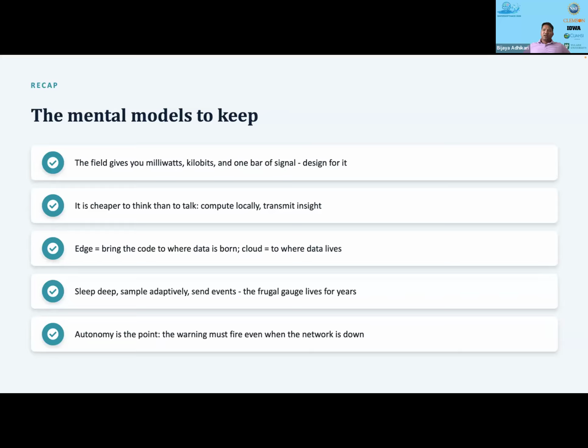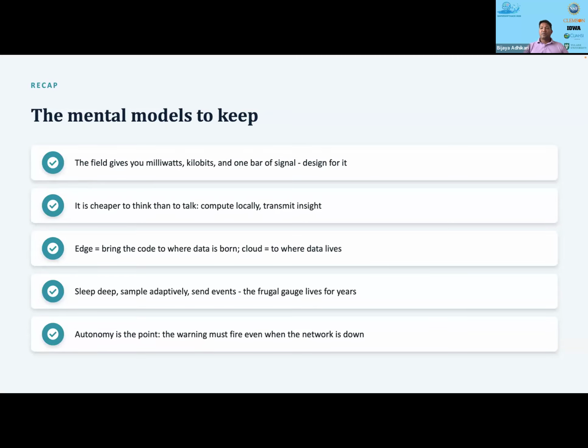For the device to sleep long, you have to do adaptive sampling. If the threat level rises, if the likelihood of the event that you're trying to detect rises, then you want to sample more. And when the likelihood is low, you might want to make the device deep sleep.